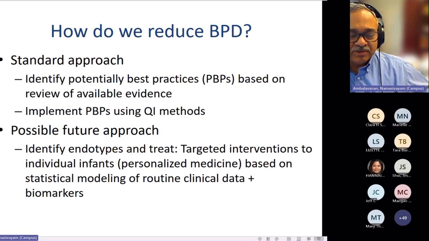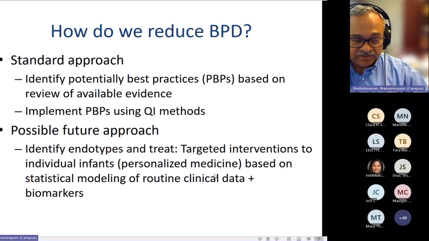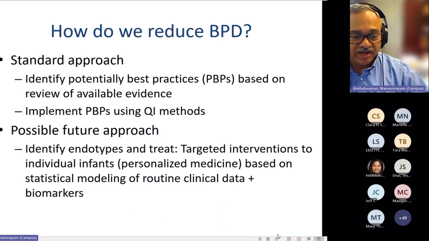In the future, we are probably going to identify more specifically what exactly is wrong with the lungs of a specific infant and treat it. We need targeted interventions for individual infants, that is personalized medicine, based not just on clinical assessment, but also based on statistical modeling and biomarkers.